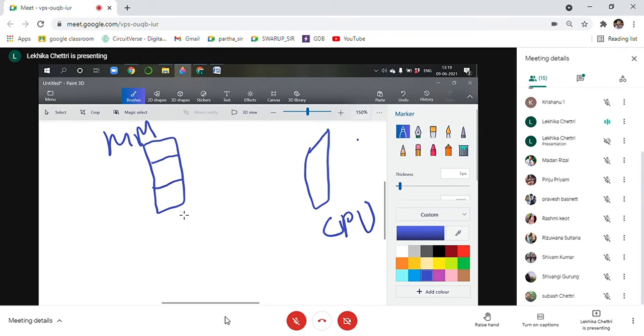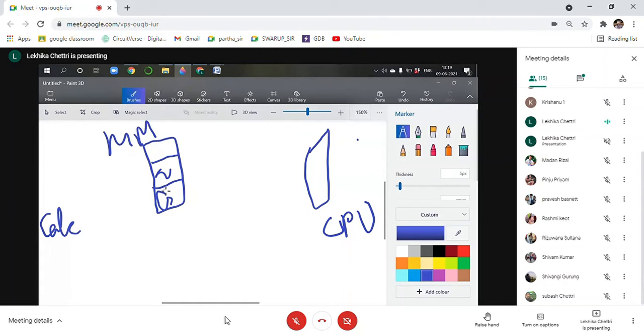Okay, so now just consider calculator. In my computer I have calculator. Right now this is the main memory of my computer. I have here Google Chrome. I have here Word file. Let's not consider this folder as of now.